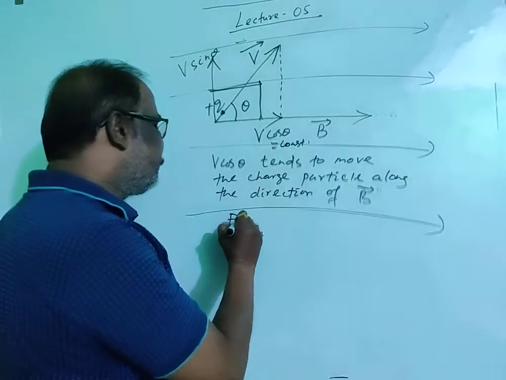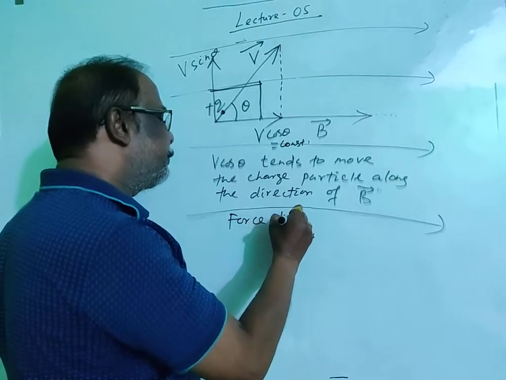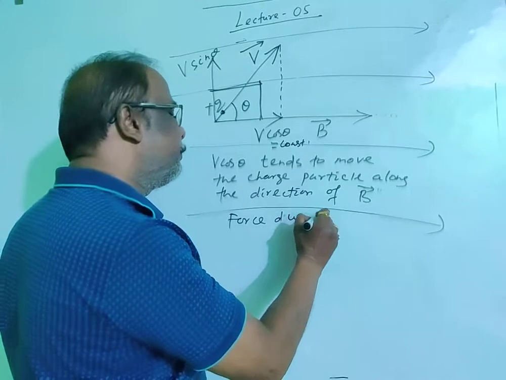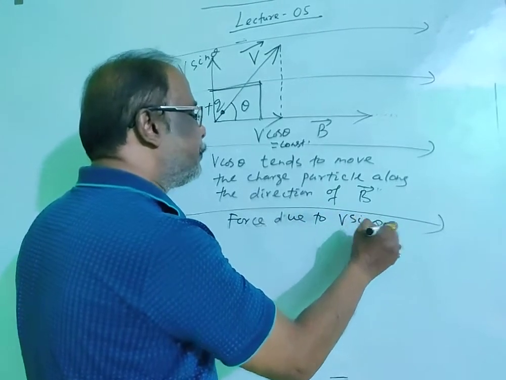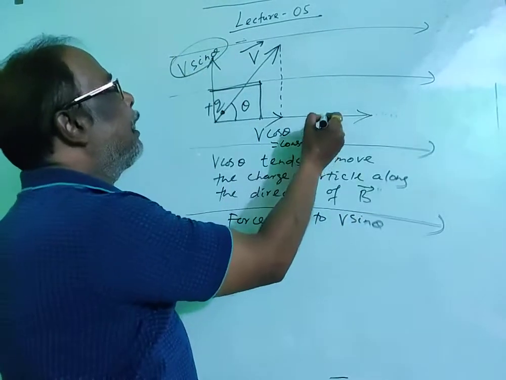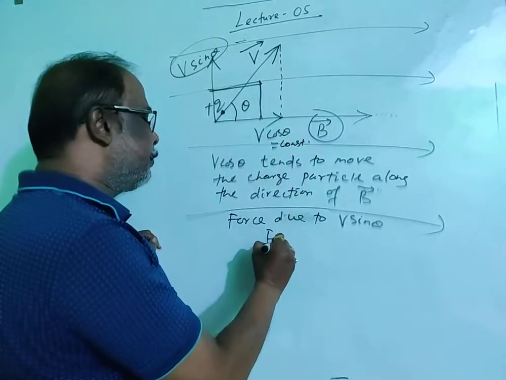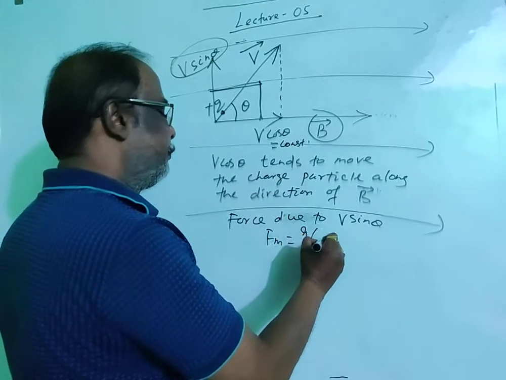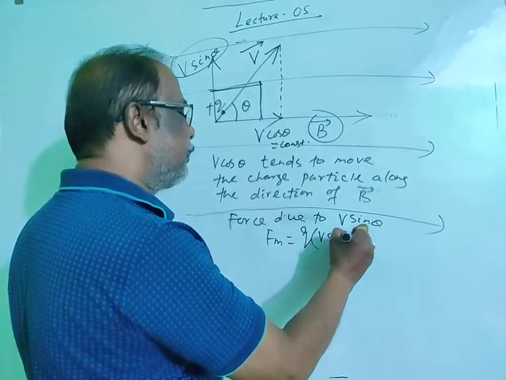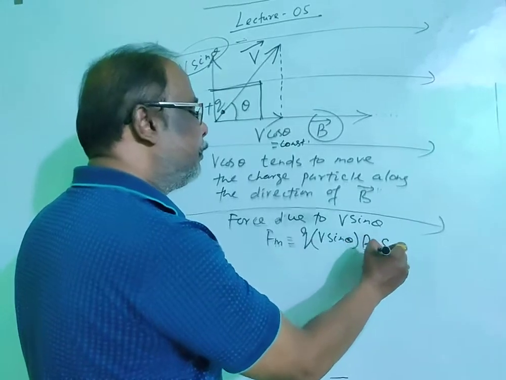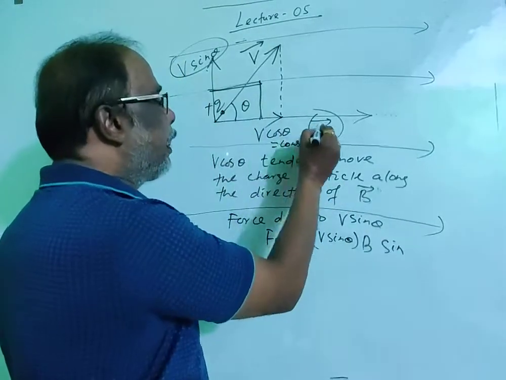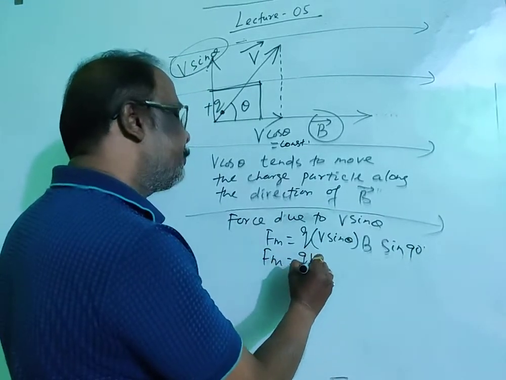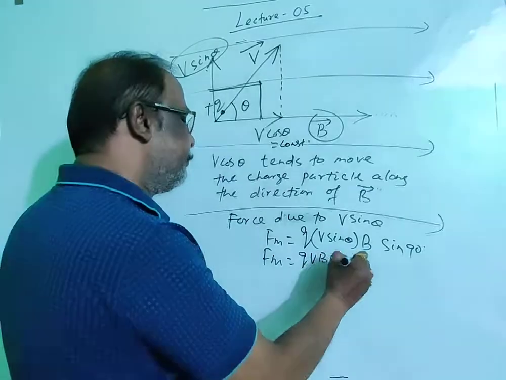So the force due to v sin theta: the angle between v sin theta and magnetic field is 90, so the magnetic force is q v sin theta times sin 90 degree, which is q v sin theta.